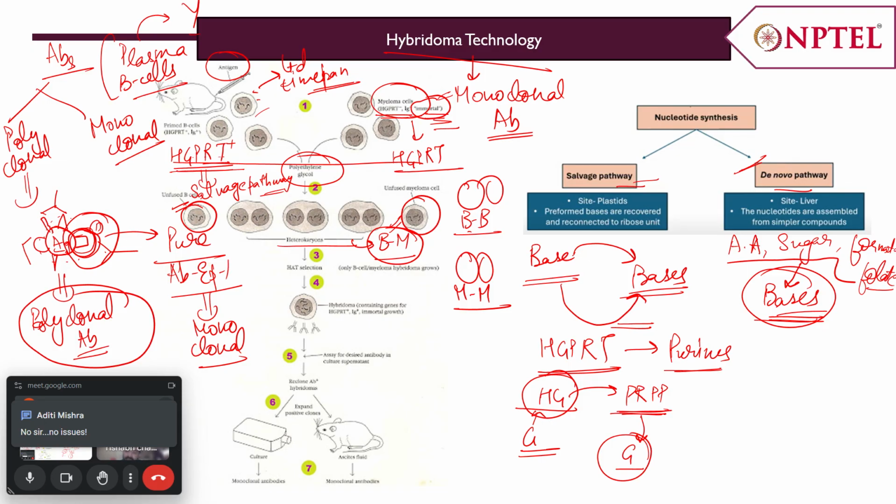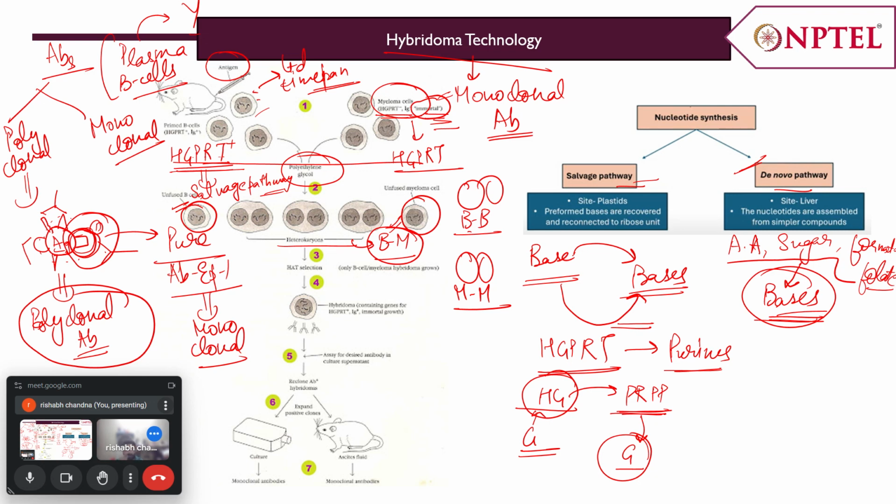So till here we have got five populations of cells: the unfused B cell, the unfused myeloma cell, B cell fused with B cell, myeloma cell fused with myeloma cell, and the last population is the heterokaryon, a B cell fused with a myeloma cell.